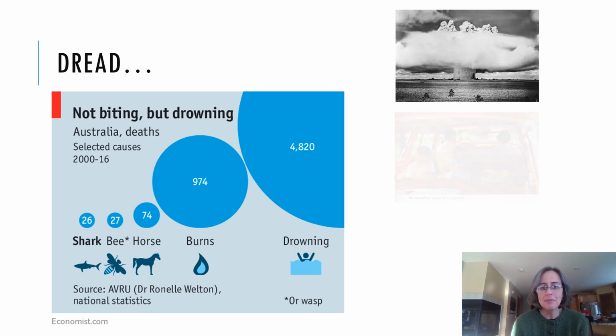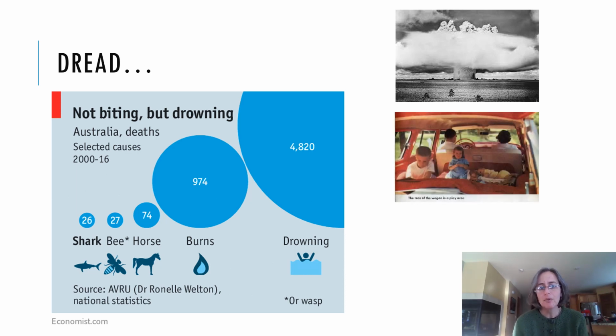And yet at the same time, we were riding in the backs of station wagons with no seatbelts, no anything. This is actually a picture from a car ad from the 1970s, and it says the rear of the wagon is a play area, right? So we had children who weren't in car seats, who weren't in seatbelts, and so we had many more deaths associated with that than we did with the atomic bomb, but we weren't worried about it. Okay, so dread.